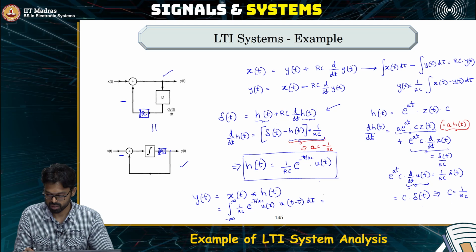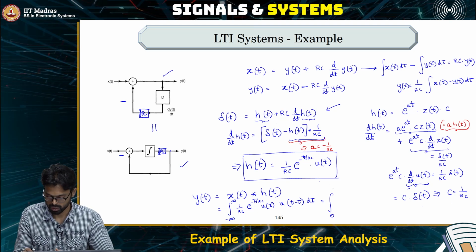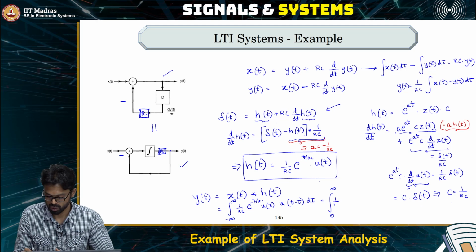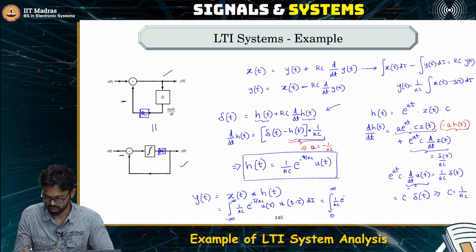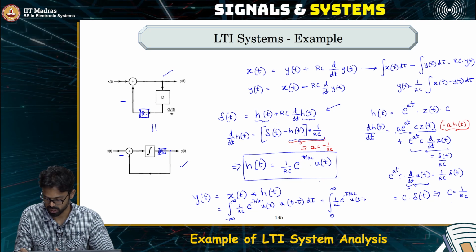So what would be this expression? This will be the integral from 0 to infinity of (1/RC) e^(-tau/RC) u(t minus tau) d tau.